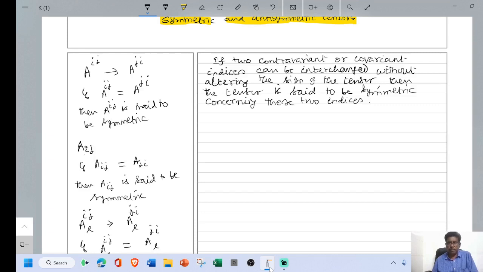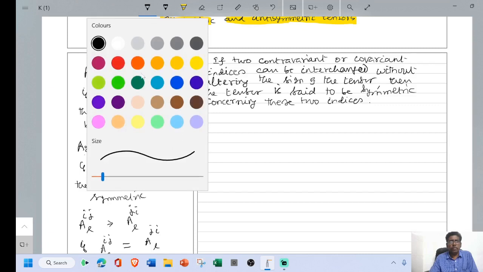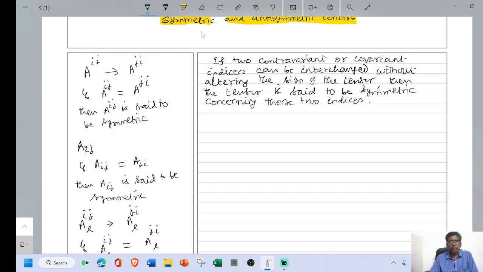Now we have to give the example. A^ij equals A^ji. This is an example for contravariant.